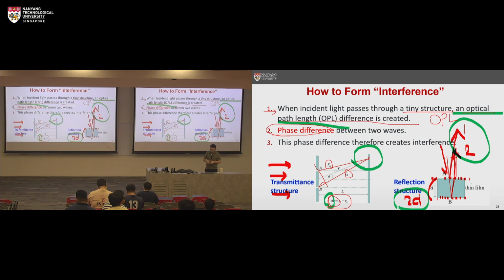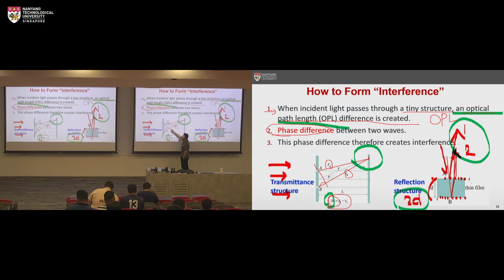So why can phase be changed? It's when a light meets a structure that has multiple holes, it can split the light into multiple rays so that it creates a difference in their optical path length. And this can change the phase.